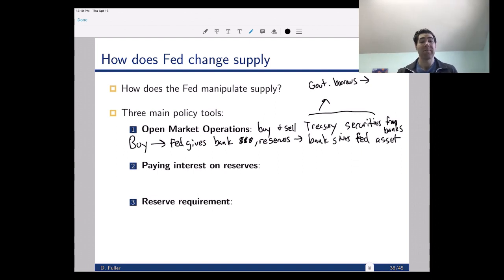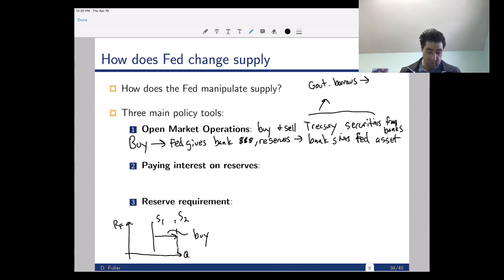So in that sense, the Fed has increased the supply of reserves. So let me kind of go down here. Quantity of reserves and the federal funds rate. The Fed can increase the supply of reserves by buying Treasury securities from banks.